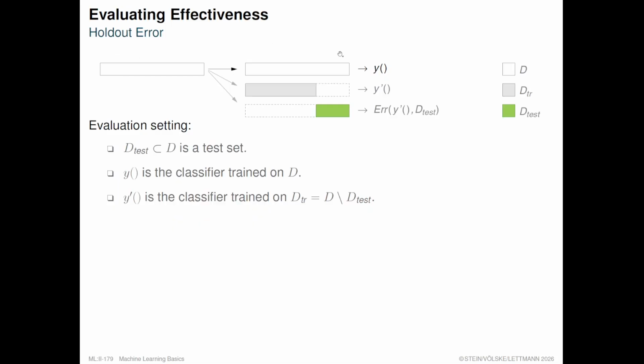The idea of holdout error is that we do a split into a training set and a test set. So this is our training set, and this is our test set. We train on this part, and we test on that.